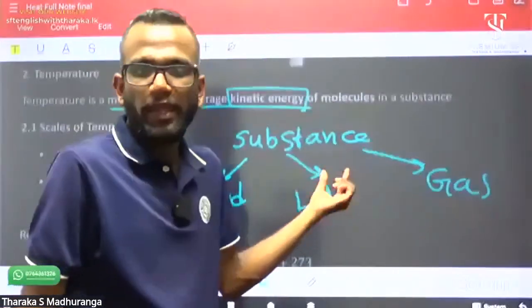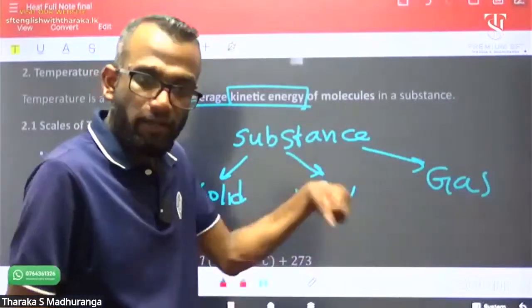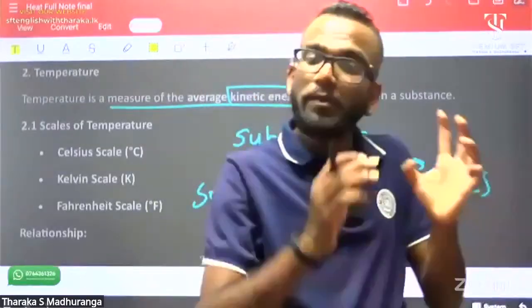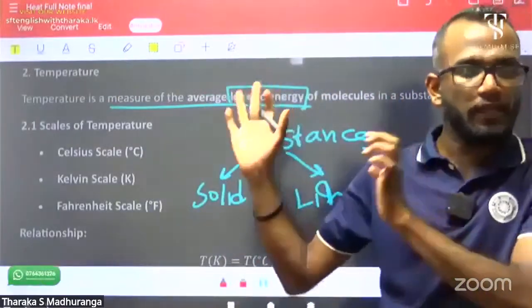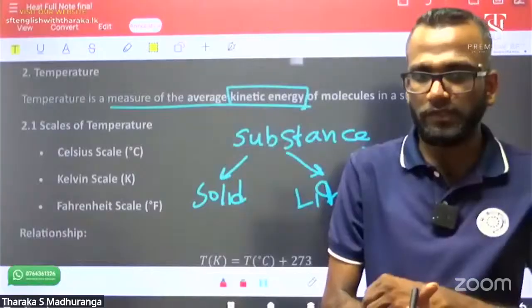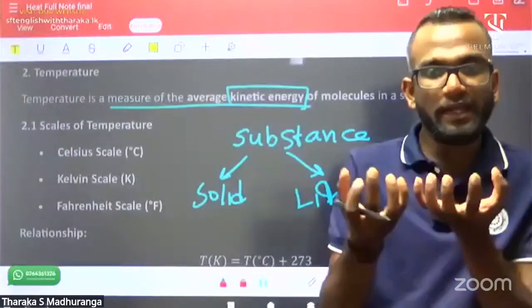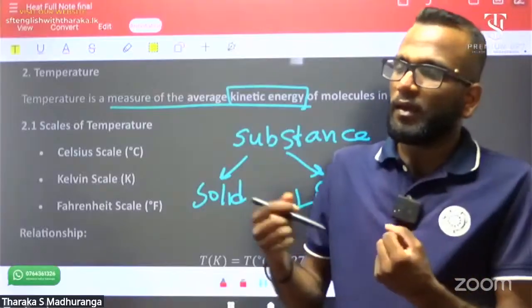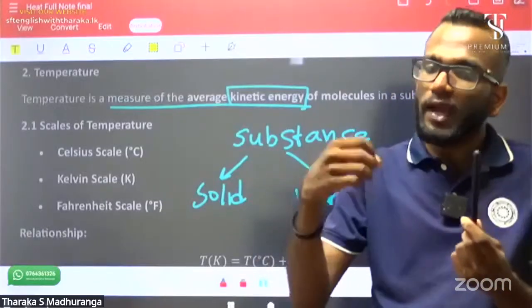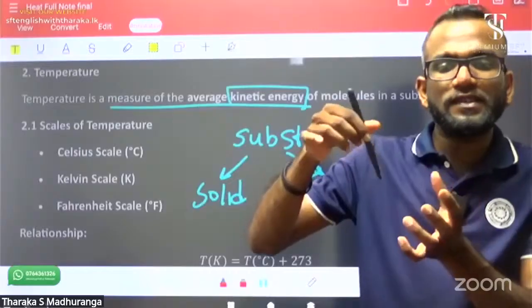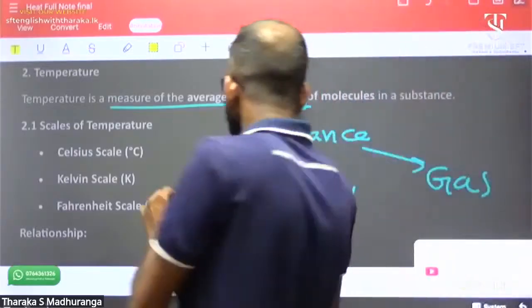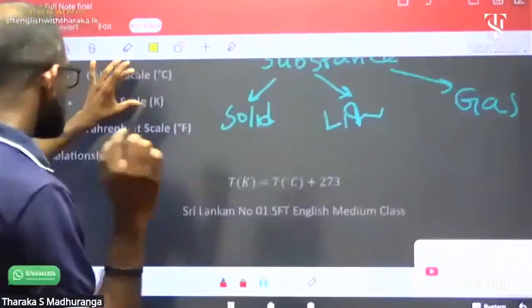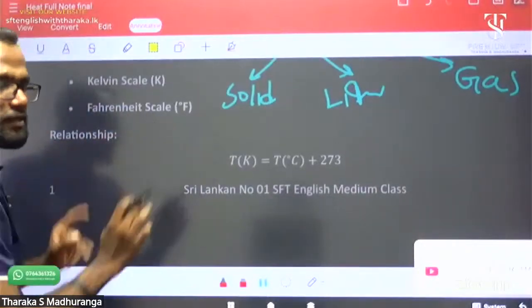I will explain what the differences are. Molecules, atoms, normally they have their natural kinetic energy. That means they are always vibrating. Understand? It's a very simple story.